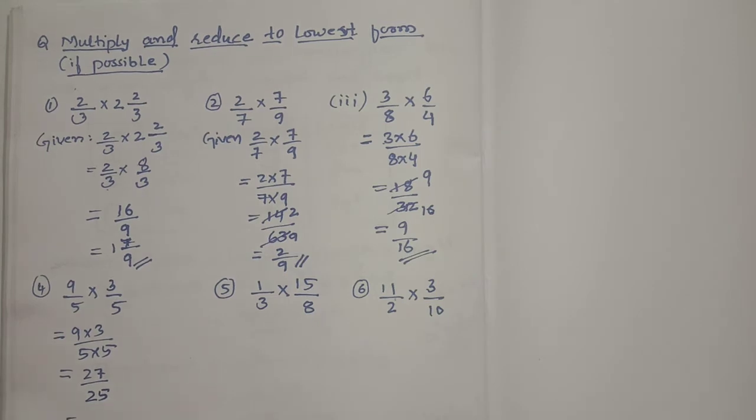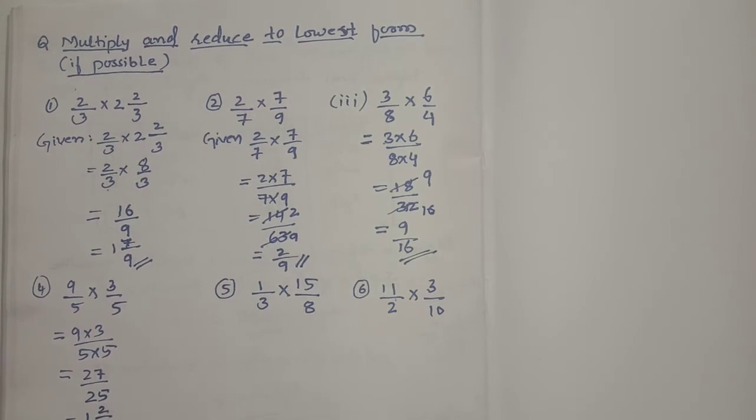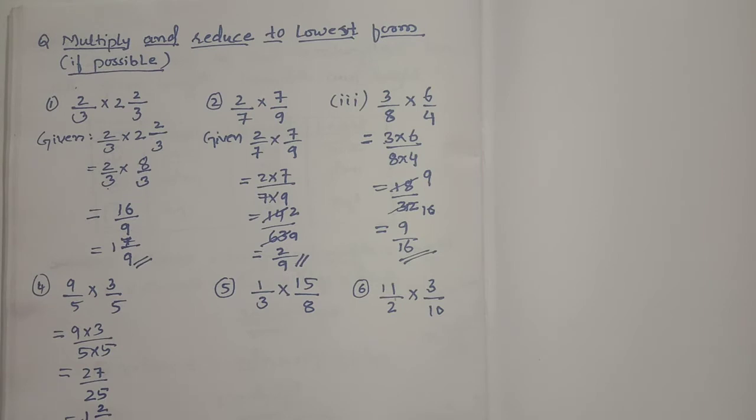Now I can write it as 1 of 2 by 25. I can reduce it. 25 ones are 25 plus 2, 27 divided by 25.